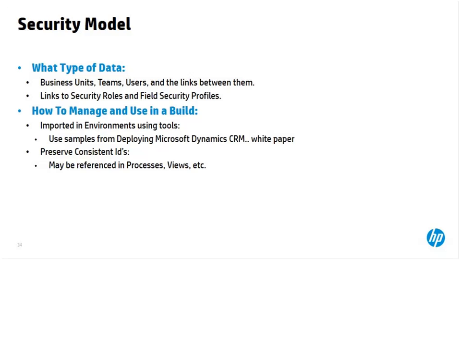So if the IDs of those records change from one environment to the next, you will have to perform manual steps at the end of each solution import to fix the references to either a team or a business unit. Queues, by the way, fall in the same category. So you need to be able to force the IDs of those records in downstream environments if possible.